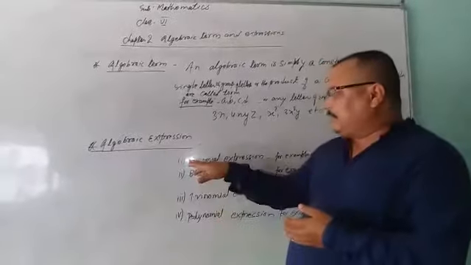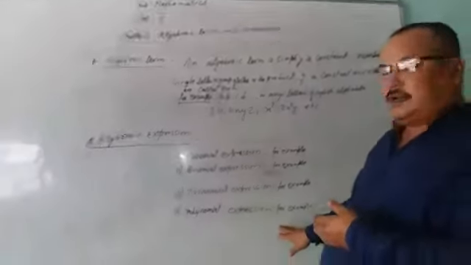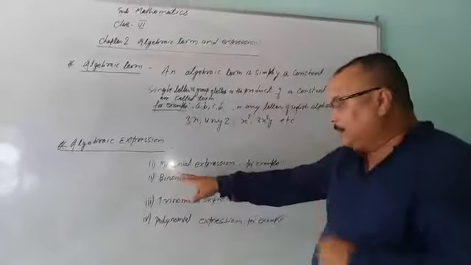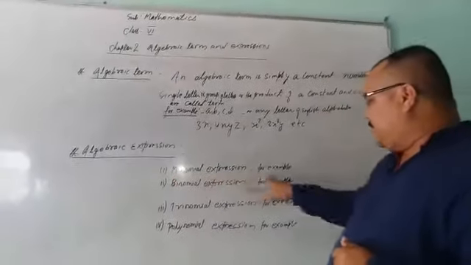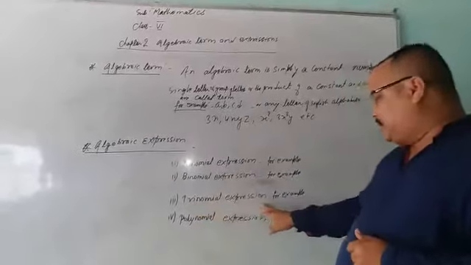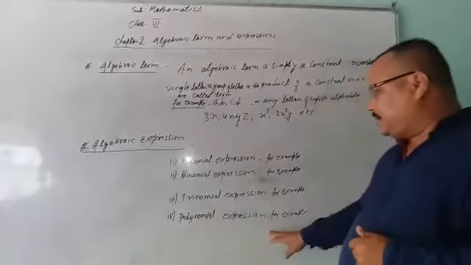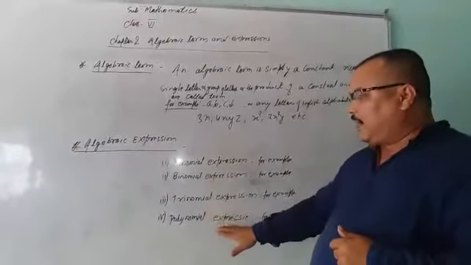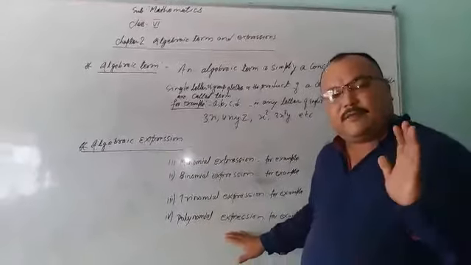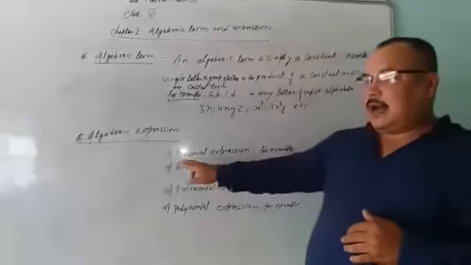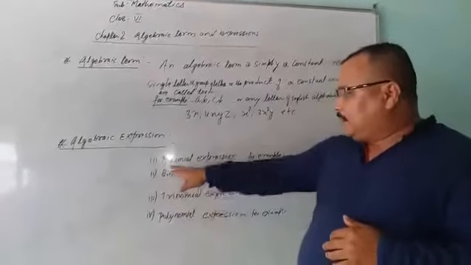So my dear students, there are four expressions in algebra: monomial expressions, binomial expressions, trinomial expressions, and polynomial expressions. They are given different names. There are four expressions, so my dear students, I will explain one by one.